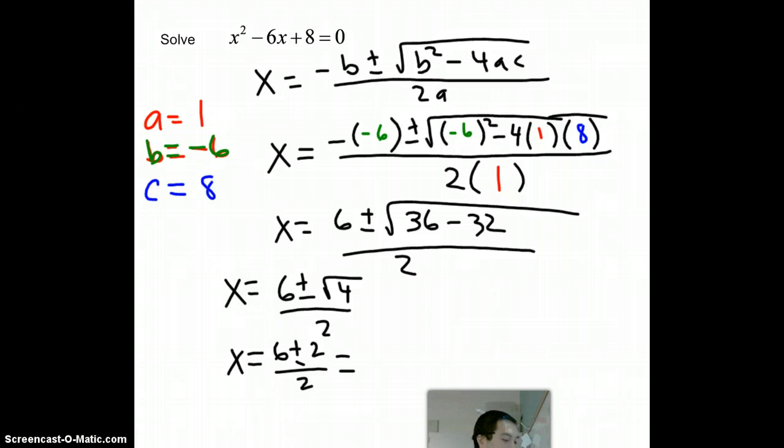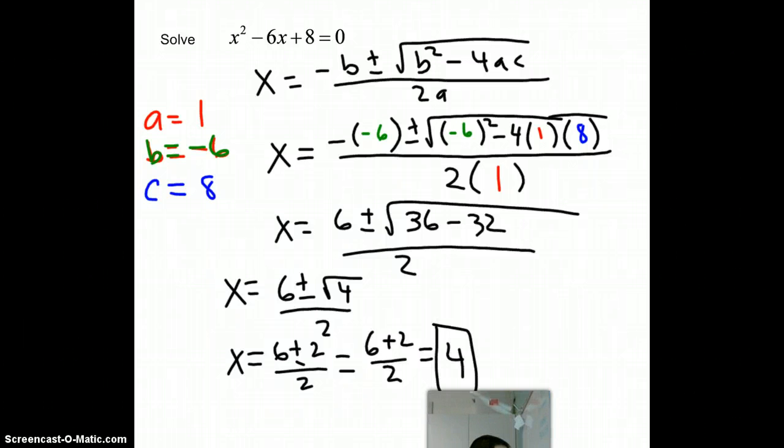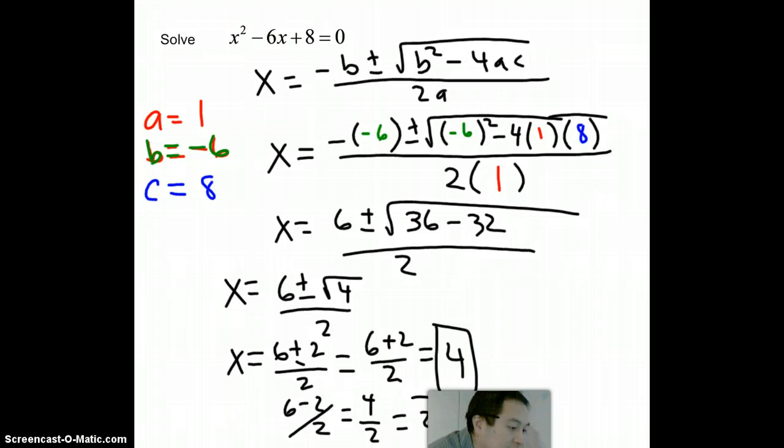That's 6 plus 2 divided by 2, which is 8 divided by 2, which is 4. And the other is 6 minus 2 divided by 2, which is 4 divided by 2, which is 2. So your two answers are 4 and 2.